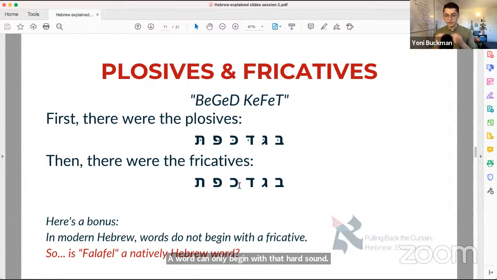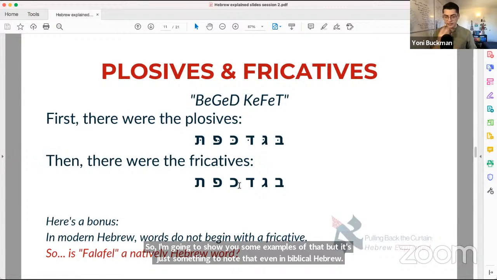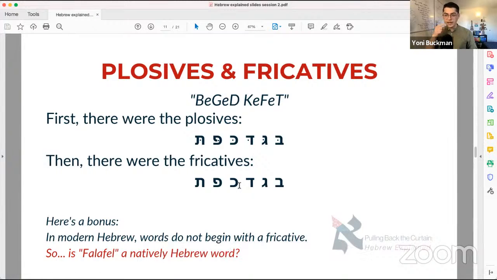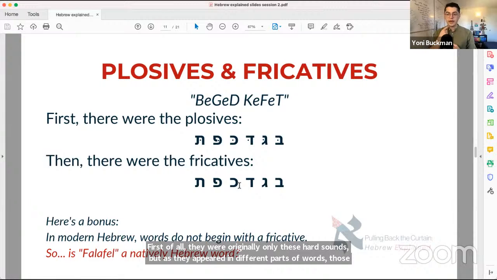And so you can notice if you play with the articulation in your mouth, how the B and the V sound are both happening at the front of your mouth, at your lips. And then we can move backwards and you get the kaf and the chaf. And those are both happening in the back of the throat.